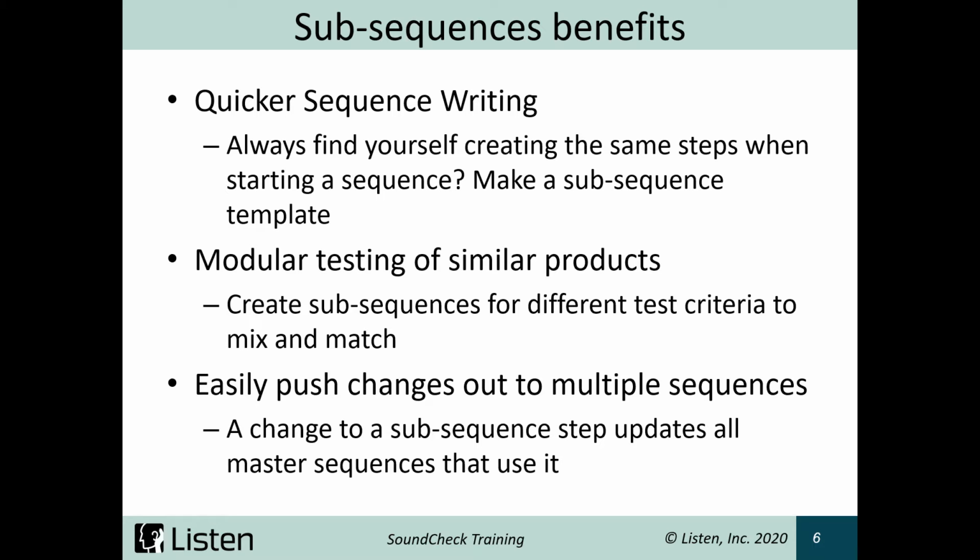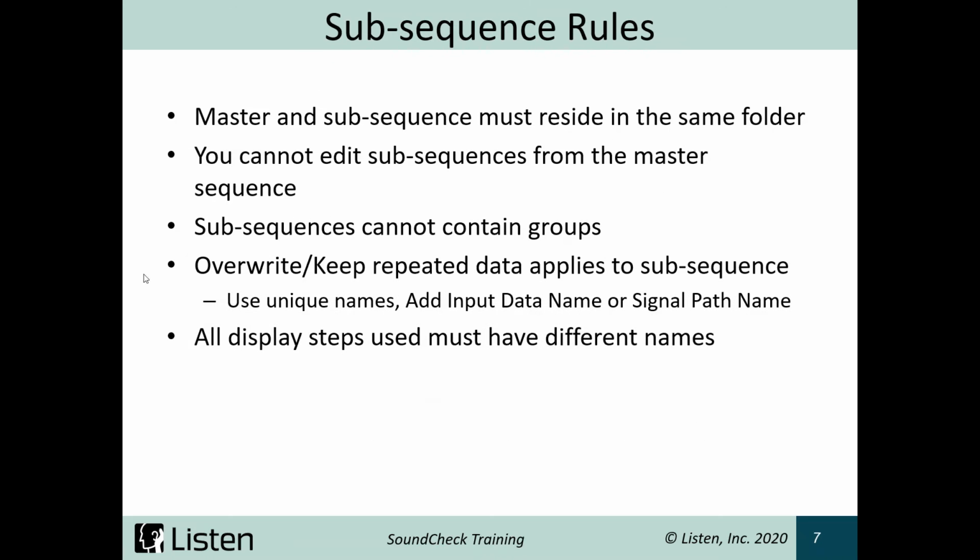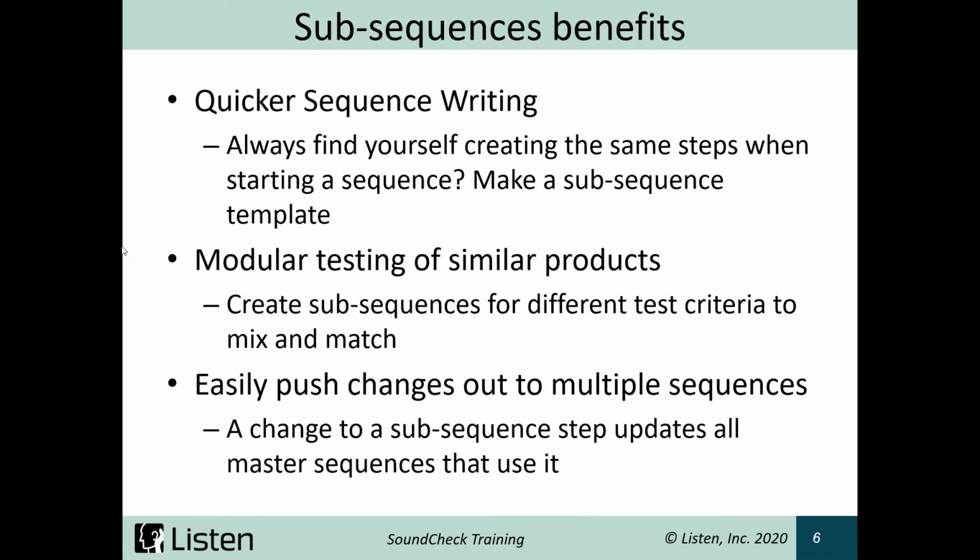So I could create a lot of subsequences that test the same thing. So I'd create a subsequence to test THD with the sweep stimulus for 2 drivers. Then another subsequence that's an RTA with pink noise.